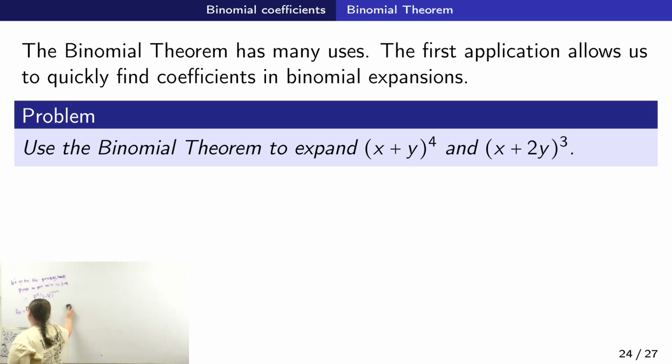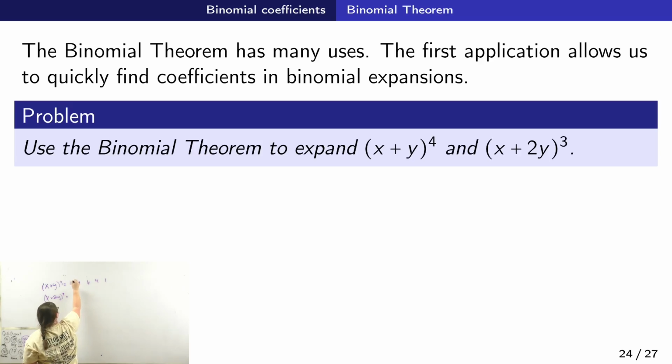Let me get a marker real quick. 4, 1, 1, hold on. 3, 3, 1. I think we had full participation on that. All right, ready? It's 1, 4, 6, 4, 1.